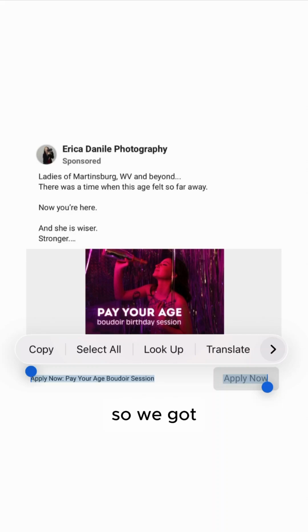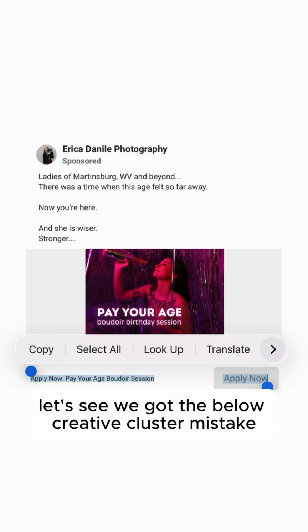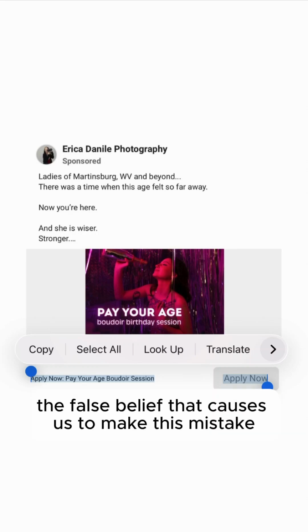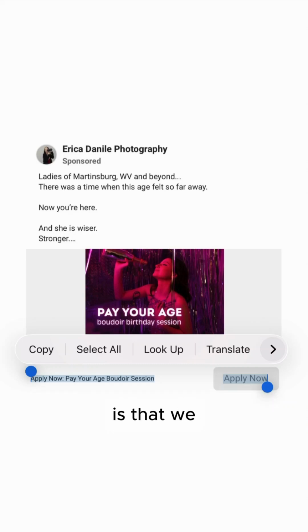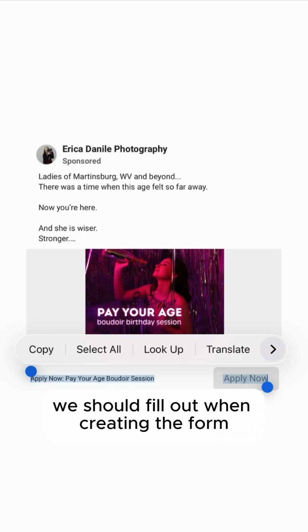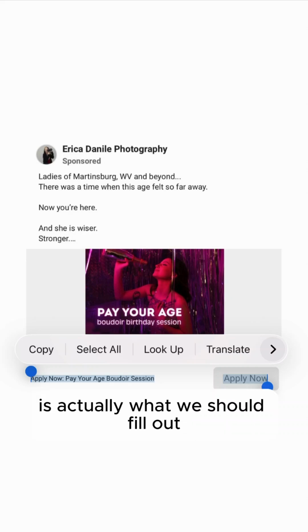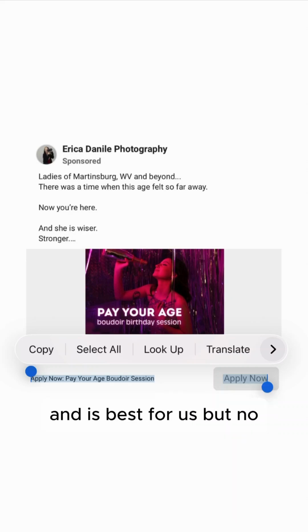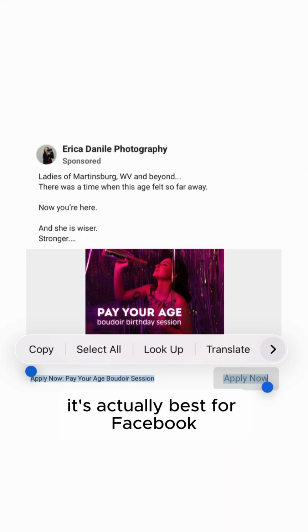So we got, let's see, the below creative cluster mistake. The false belief that caused us to make this mistake is that we believe that everything Facebook says we should fill out when creating the ad is actually what we should fill out and is best for us. But no, it's actually best for Facebook.